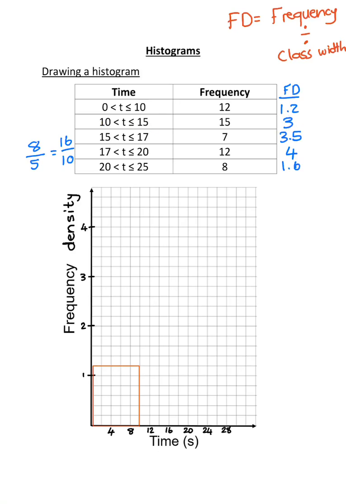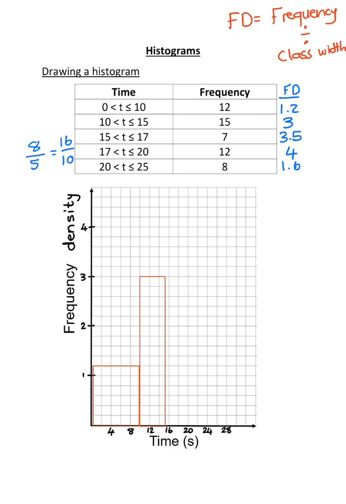So from 10 to 15, that's 12, that's 14, so 15 is in the middle of those two squares, and I want to go up to 3. So all the way up to 3, 10 to 15.